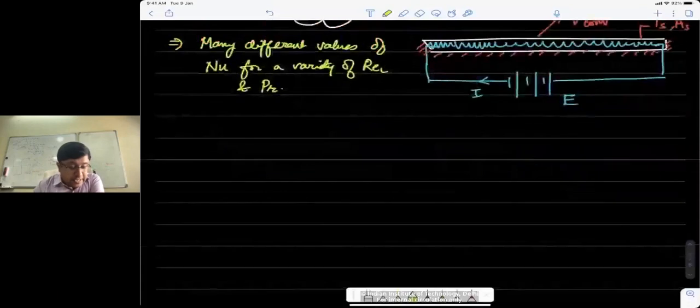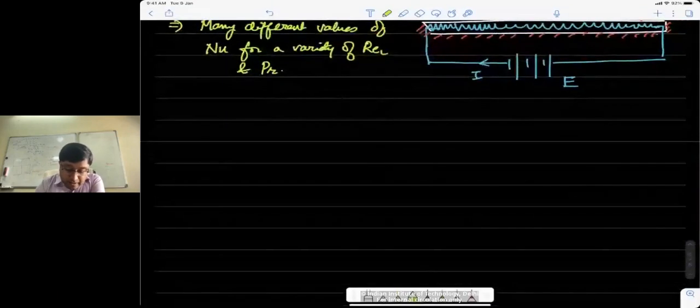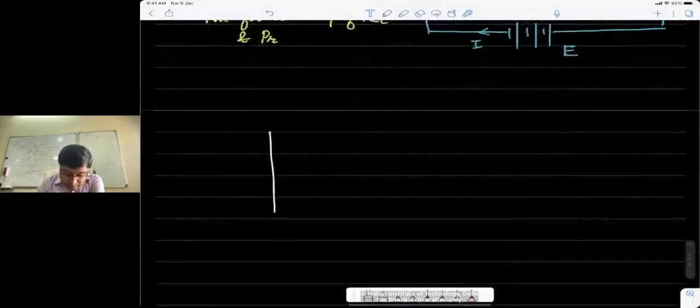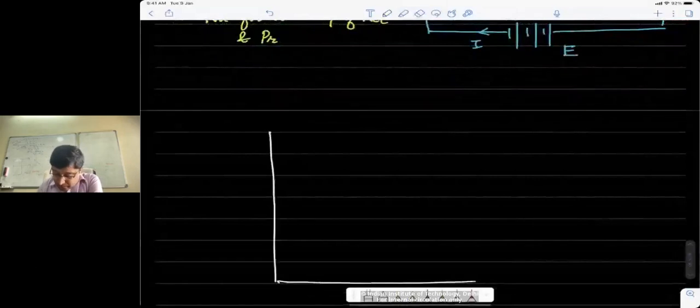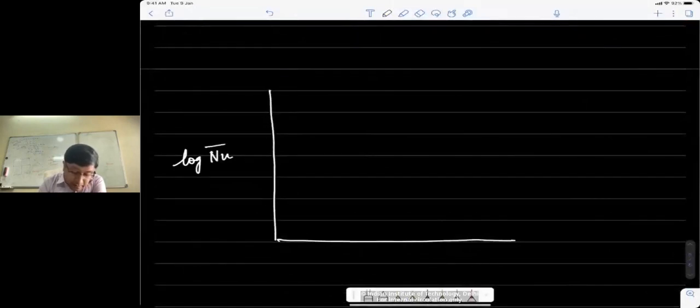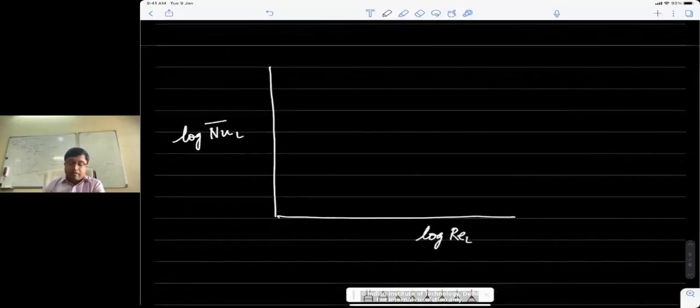So once you have this data, typically what is very often done is that you plot this data on an XY plot, where we can have log of the Nusselt number, let's say Nusselt number bar, which is the average Nusselt number, versus log of the Reynolds number. So on a log scale, we can plot this data, and we will do it for different Prandtl numbers.